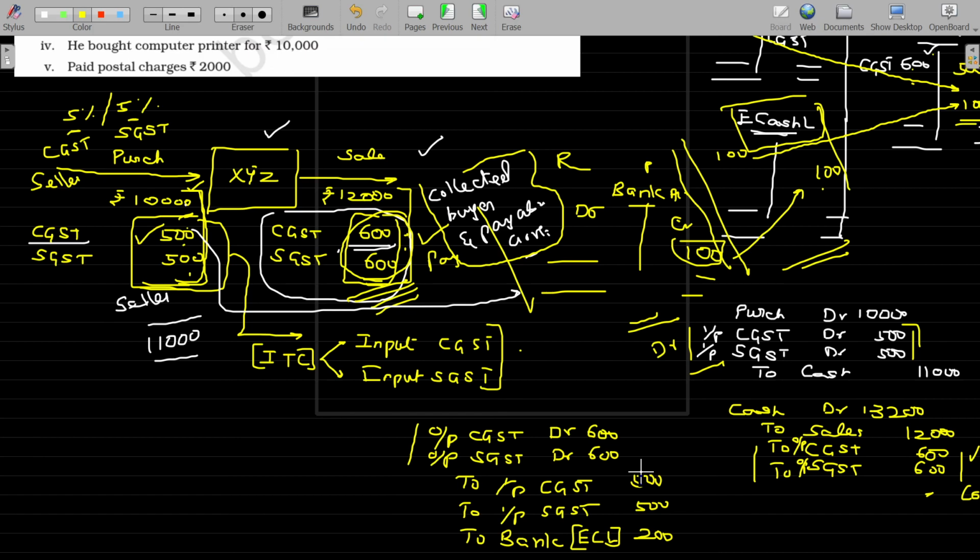Finally, that electronic credit ledger amount can be used for payment of the electronic liability register. If there is any shortage, that shortage can be transferred from the electronic cash ledger. That electronic cash ledger balance can be adjusted through your internal bank account through NEFT payment or RTGS, like you can transfer the fund to the electronic cash ledger. From there, this payment is made. So you have to understand these are the three entries where GST is applicable. Is that okay? Come on, make a note of it.